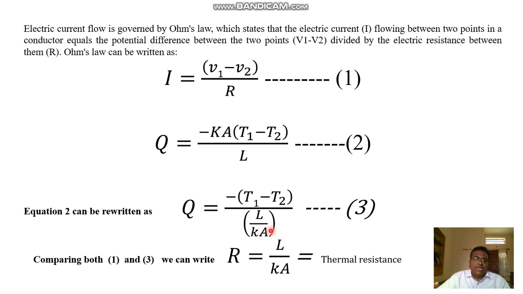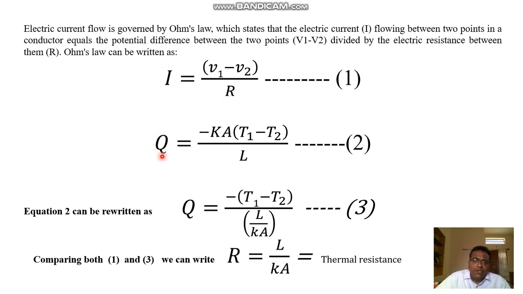See, electric current, voltage and the resistance of the conductor are related by I equal to V1 minus V2, that is the potential difference, divided by resistance. This is the electrical relationship between I, R and voltage.